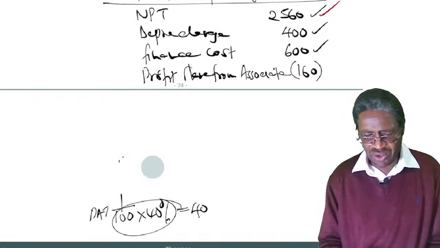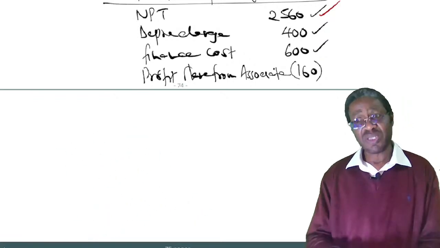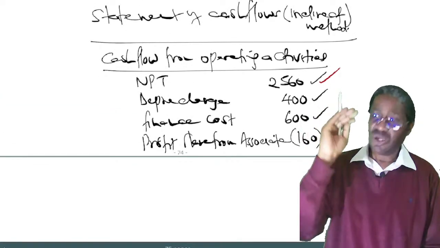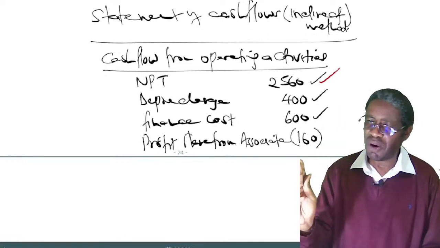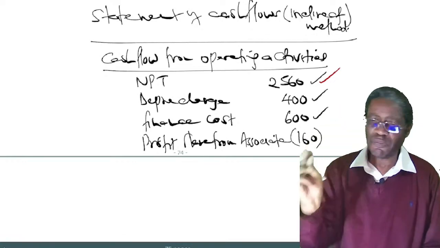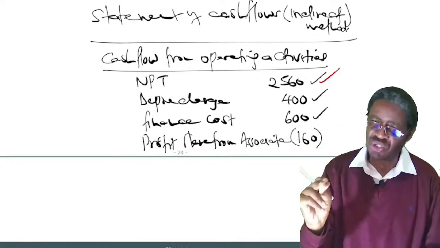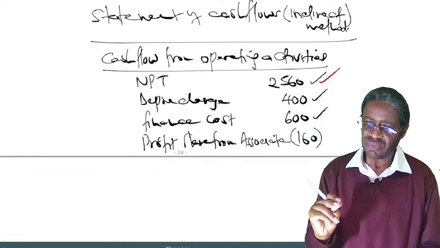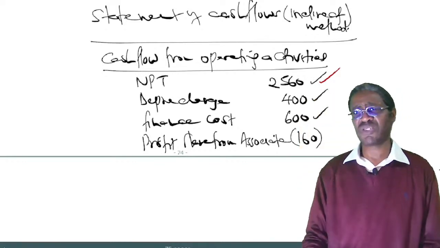So let's go back to the income statement. I've told you the procedure is: pick the profit before tax. Look for non-cash items. Two of them, don't think about them, they will be there: depreciation and finance cost. Then go back to the question, looking for other non-cash items, starting with the income statement that the examiner has given you.